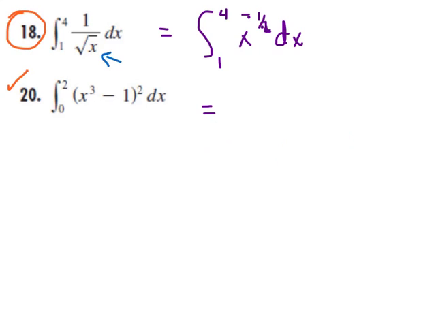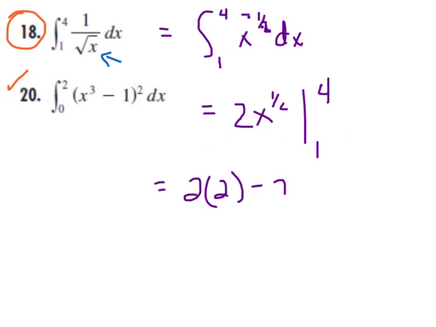So x to the 1 higher power is positive a half over that power. If I put this x over 1 half, I multiply it by 2 over 1. Going from 1 to 4, 4 to the 1 half is the square root of 4, and 1 to the 1 half is the square root of 1. So that's 4 minus 2, or 2.